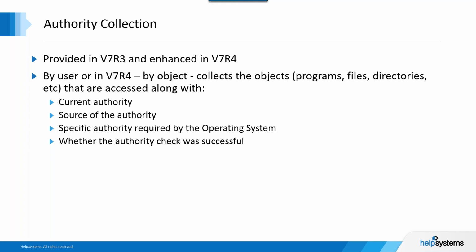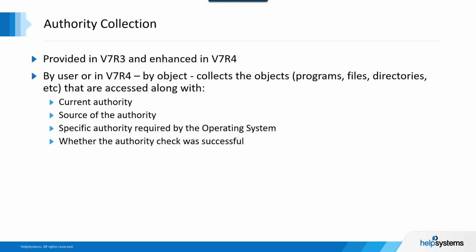So in V7R3, it's by user, and it collects what object it touches. And then in V7R4, again, kind of comes at it from a different direction. You start the collection on a specific object, and it collects which users access that object and the authority required to access that object.